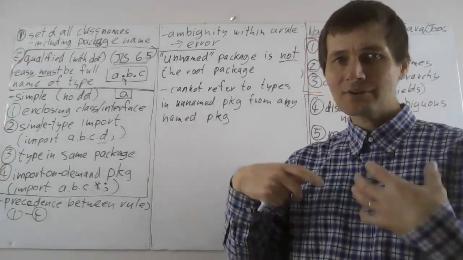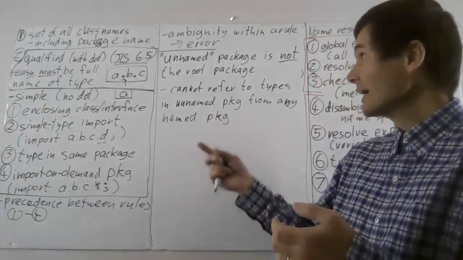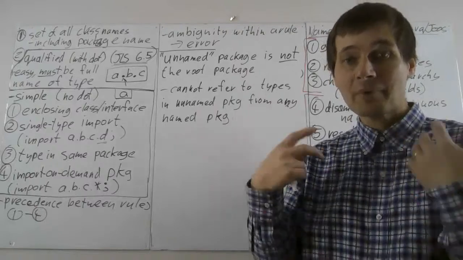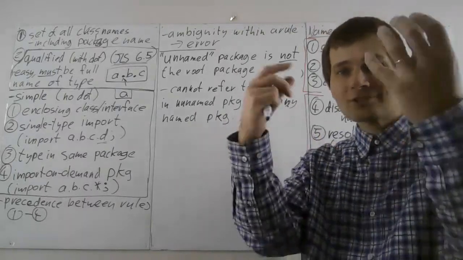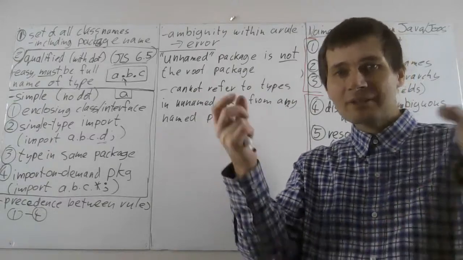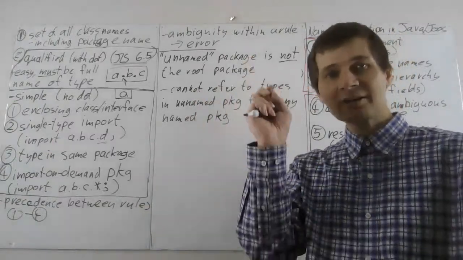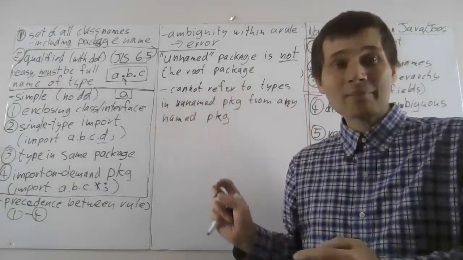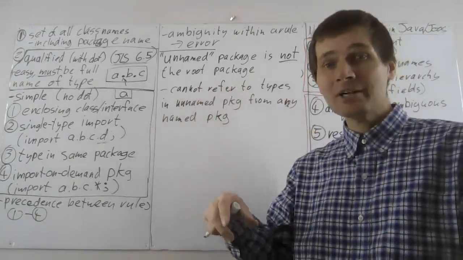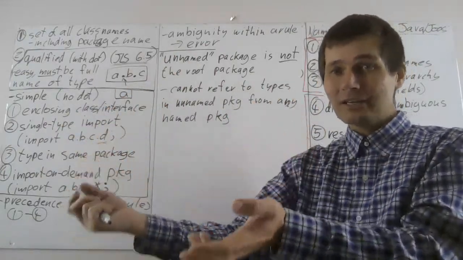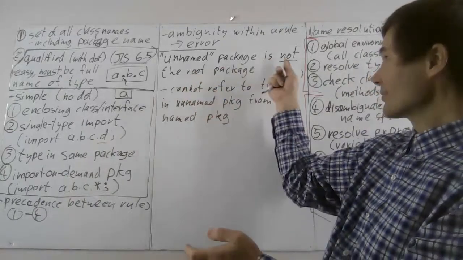The way that I implemented the unnamed package in my compiler is to actually treat it as a named package, but give it some name that has funny Unicode characters in it, or characters that can't ever appear in any real name, so that you don't refer to it by accident. Okay, but the point is, it's not the root, right?